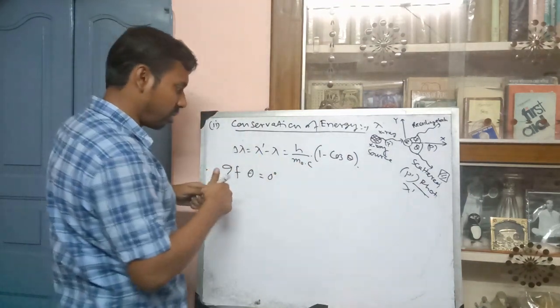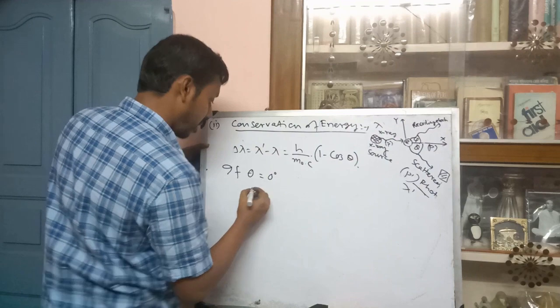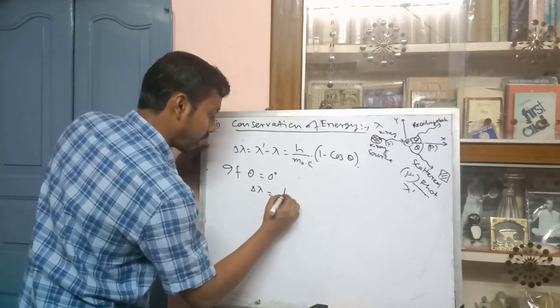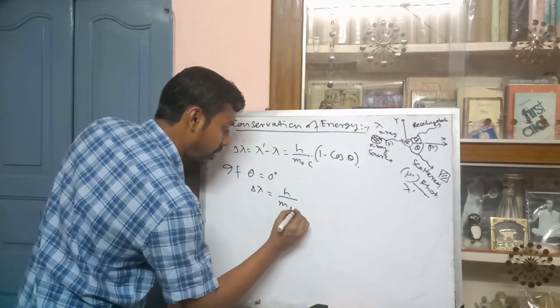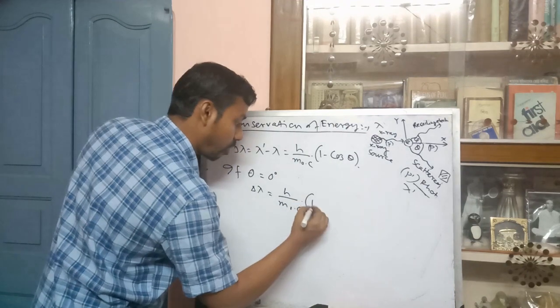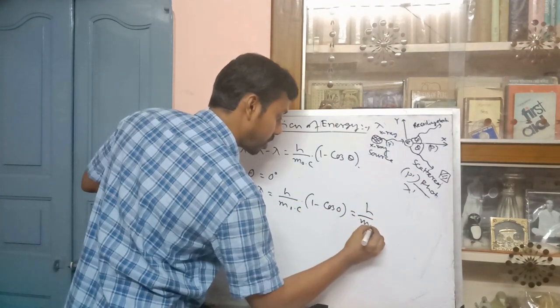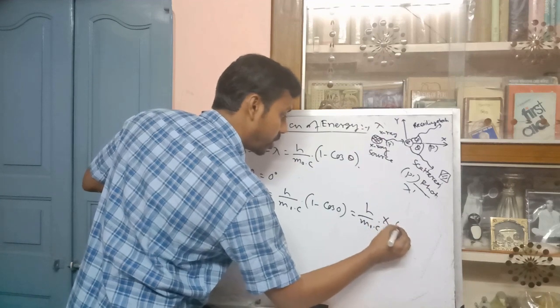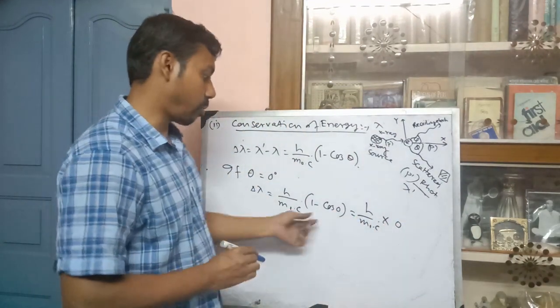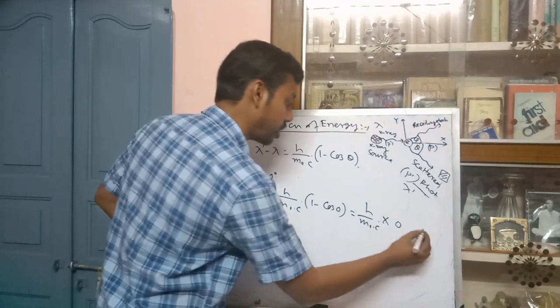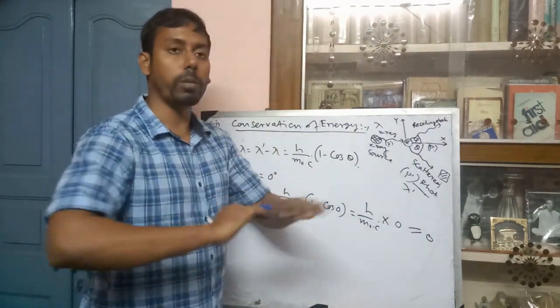So at theta equal to 0, delta lambda will be h by m0 c into (1 minus cos 0). Cos 0 is 1, and 1 minus 1 is 0, so the whole thing is equal to 0. So there will be no Compton shift.